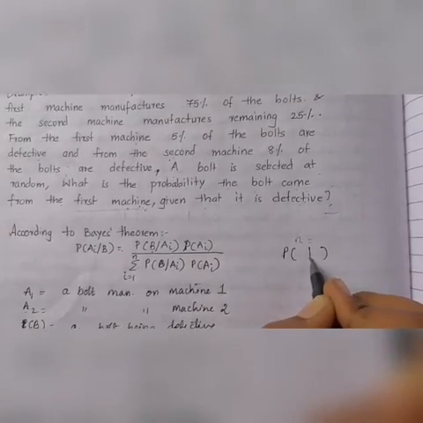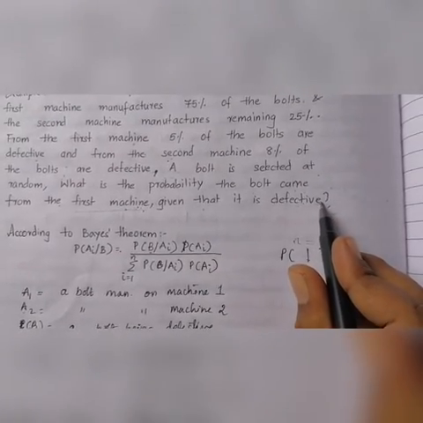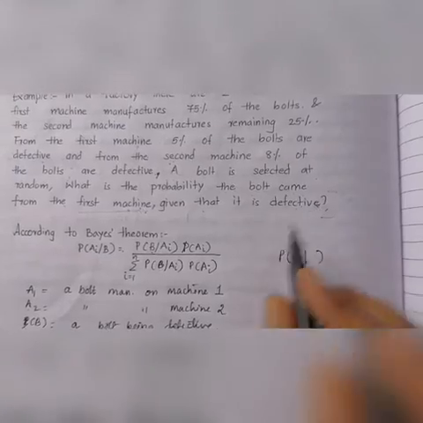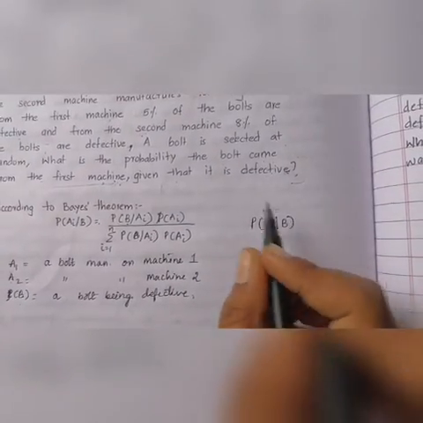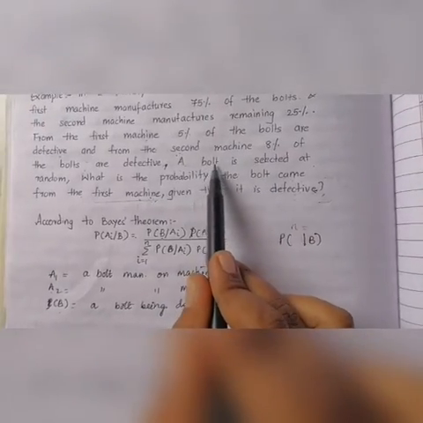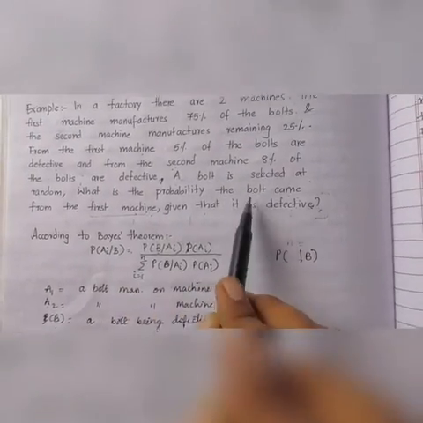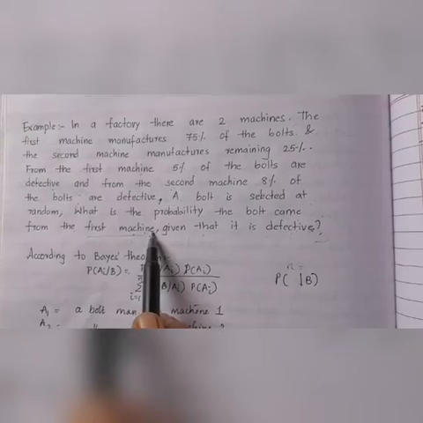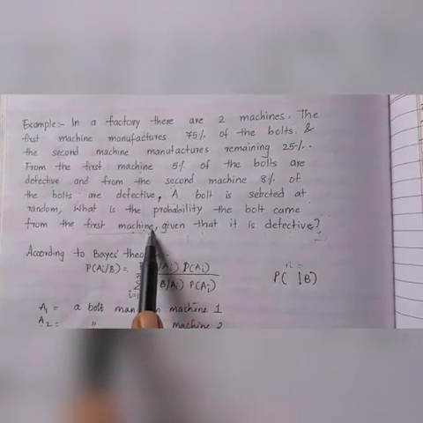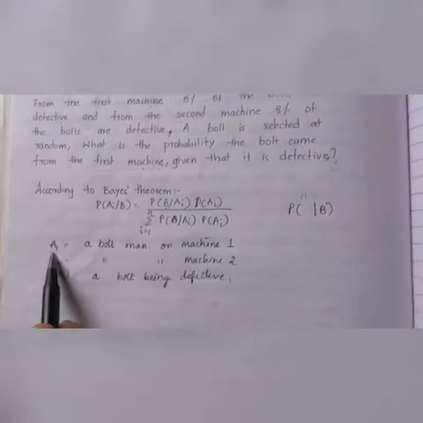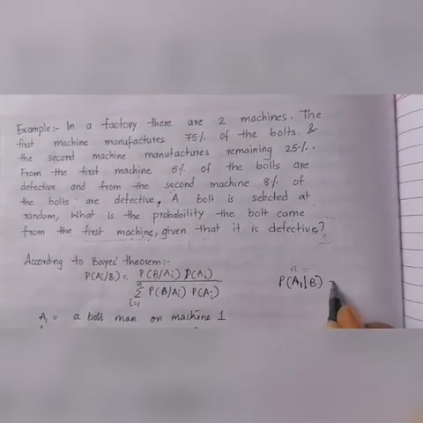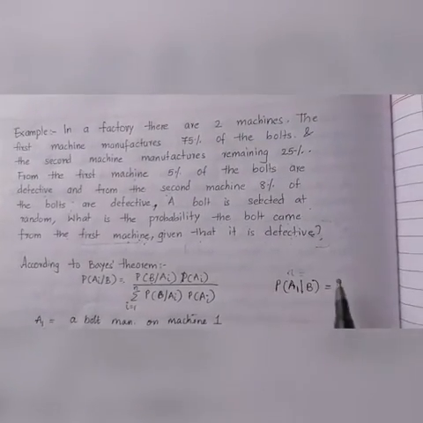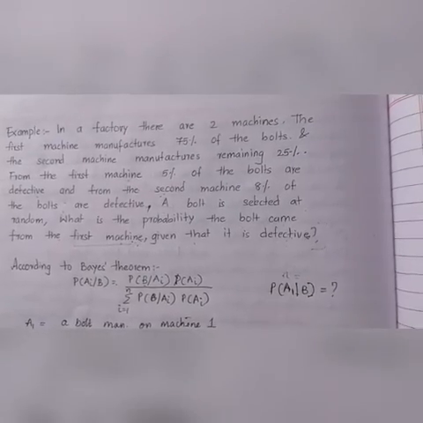Given that it is defective, what is the event of a bolt being defective? It is B. So write B here. And what are we supposed to find? What is the event of a bolt being manufactured on the first machine? It is A1. So this is P of A1 given B. This is the question. We are supposed to find this.